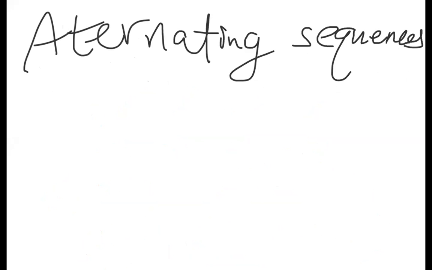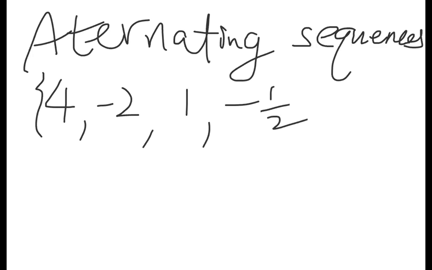All right. So for alternating sequences, you have positive for this term, negative for the next one. So for example, you have 4 and then minus 2, and then positive 1, minus 1/2, positive 1/4.